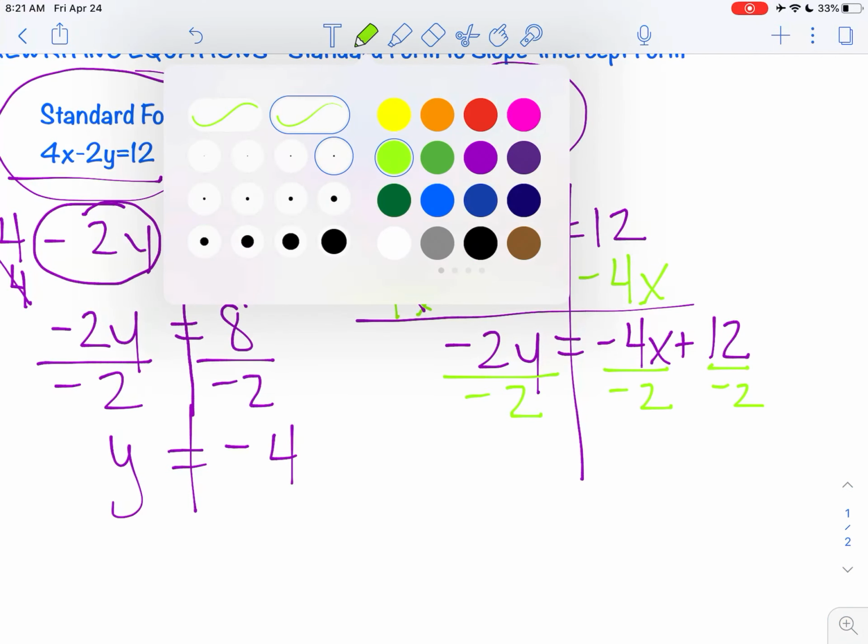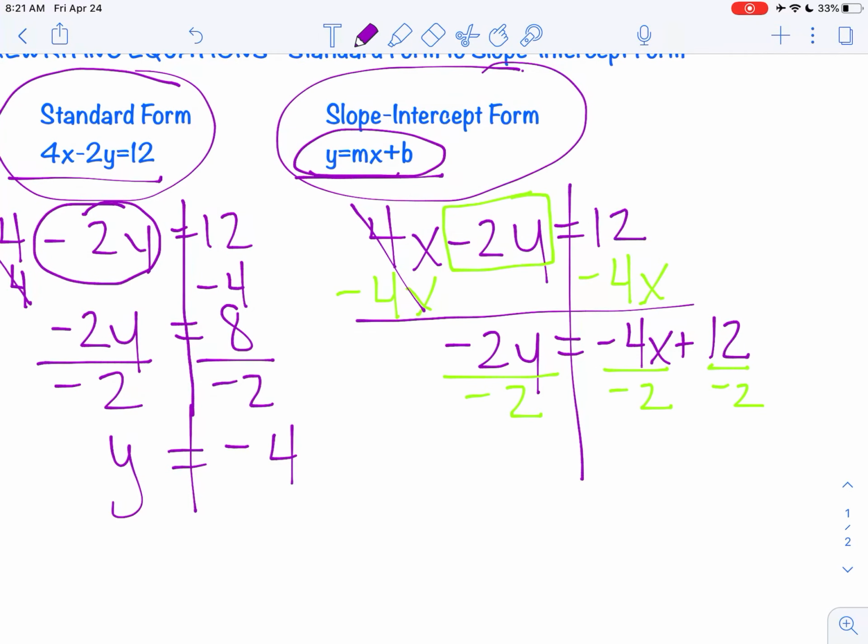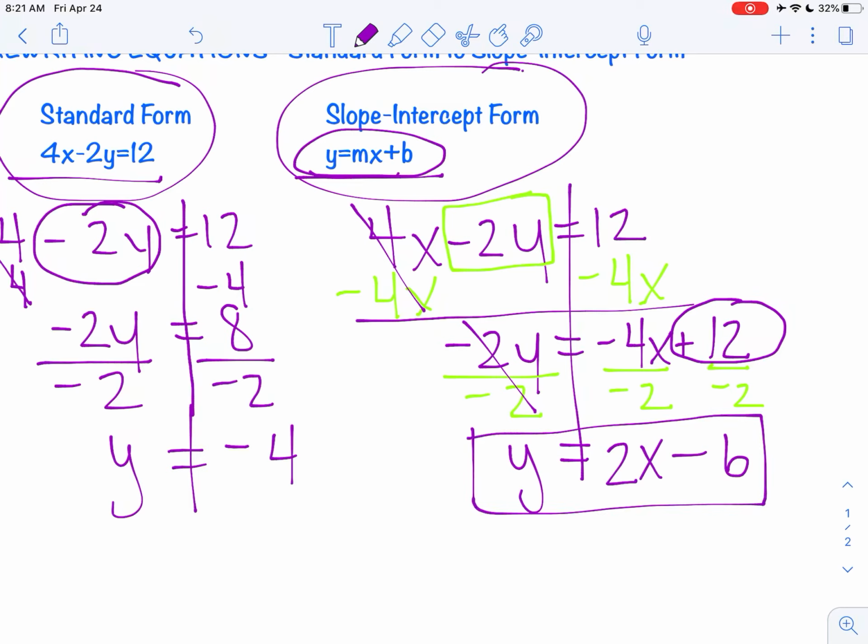Negative 2 divided by negative 2, of course, is just a positive y. Negative 4 divided by negative 2 would give me a positive 2x. And that positive 12, because I've got to take that sign with me, divided by negative 2 is going to give me a negative 6. Now I'm in y equals mx plus b form.